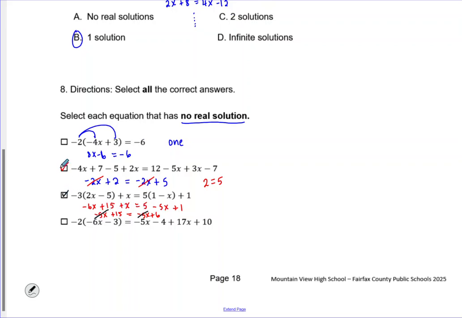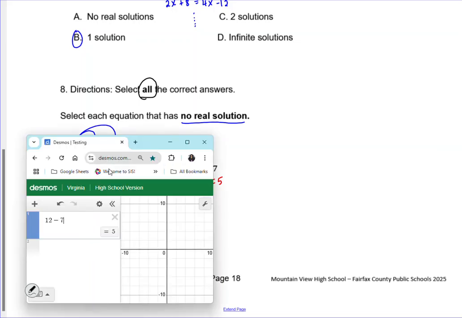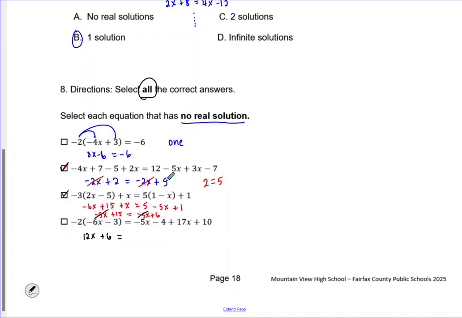Okay, well, first of all, it says select all the correct answers, so they didn't have just one, they had more than one, so okay, not bad. So that's positive 12x, positive 6, and then here you have negative 5 plus 17, positive 12x.